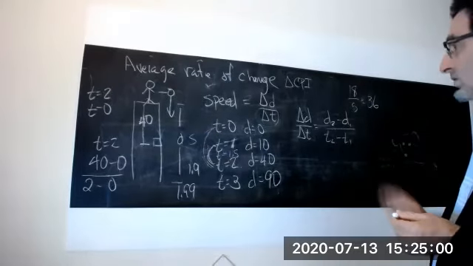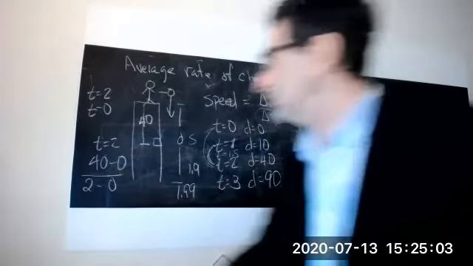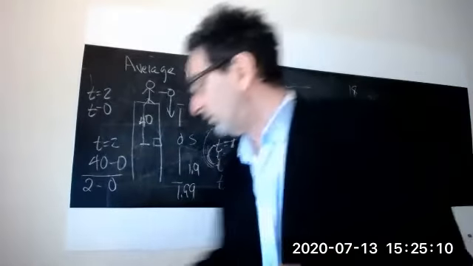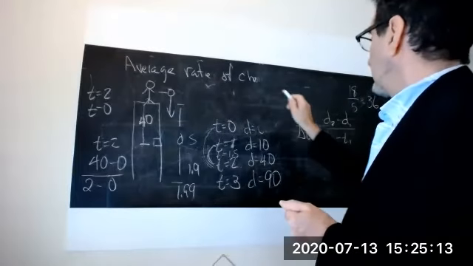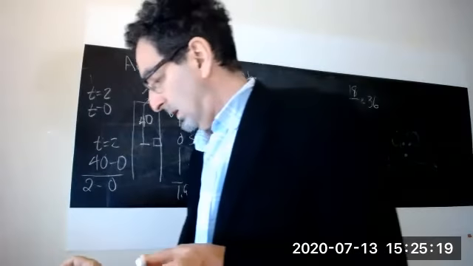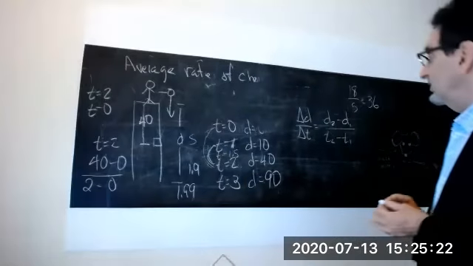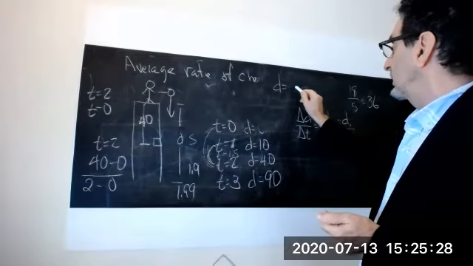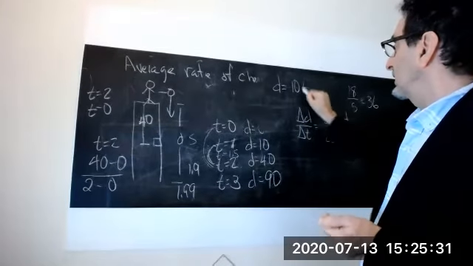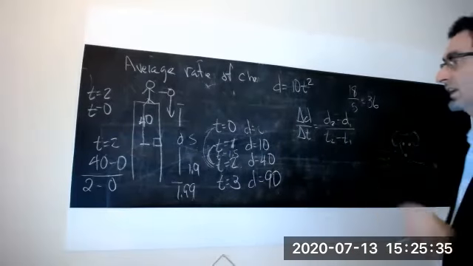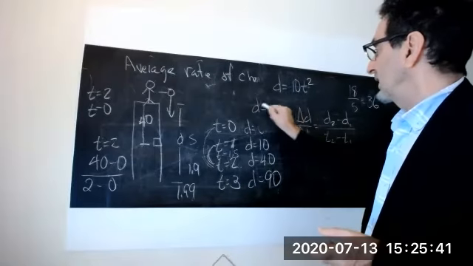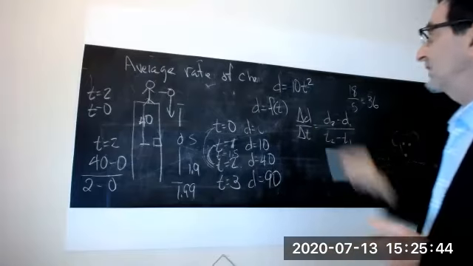I also said I was using a special formula to generate those numbers. I erased it, but the formula was d equals 10t squared. That was the formula I was using to generate these values. So we can say that d is a function of t.